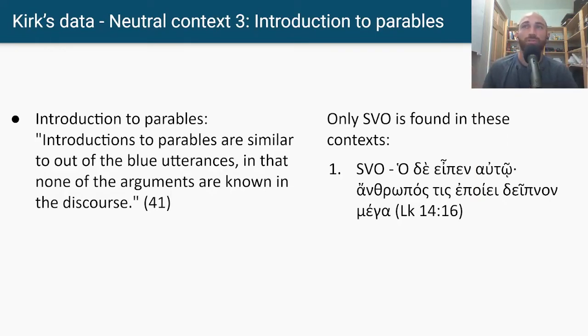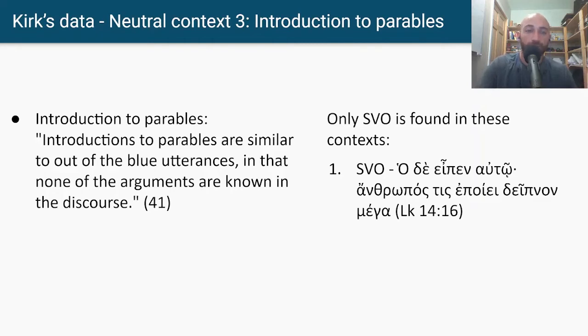In this context, anthropos tis is the subject. Epoiei, was holding or was giving, is the verb. And then deipnon mega is the object. So she says that the only thing we find in these kinds of contexts is SVO.